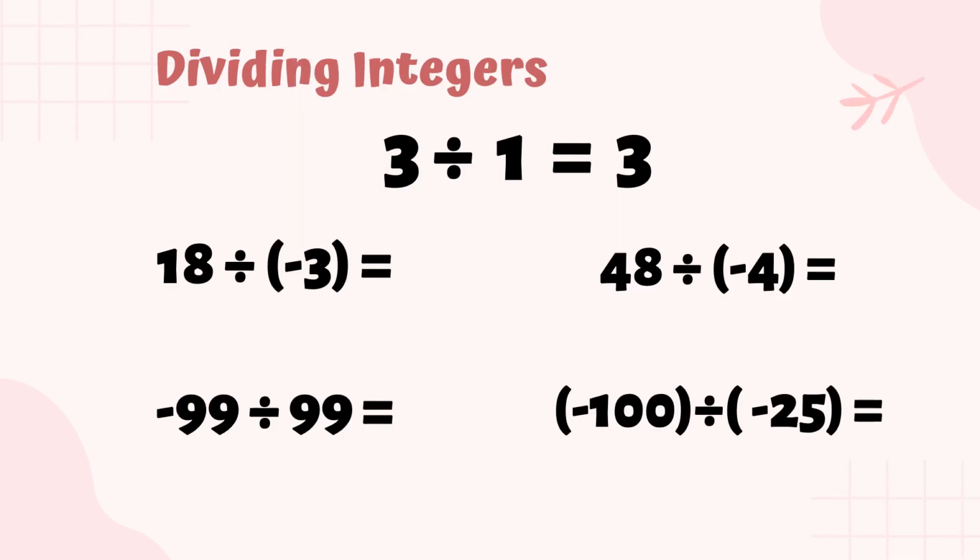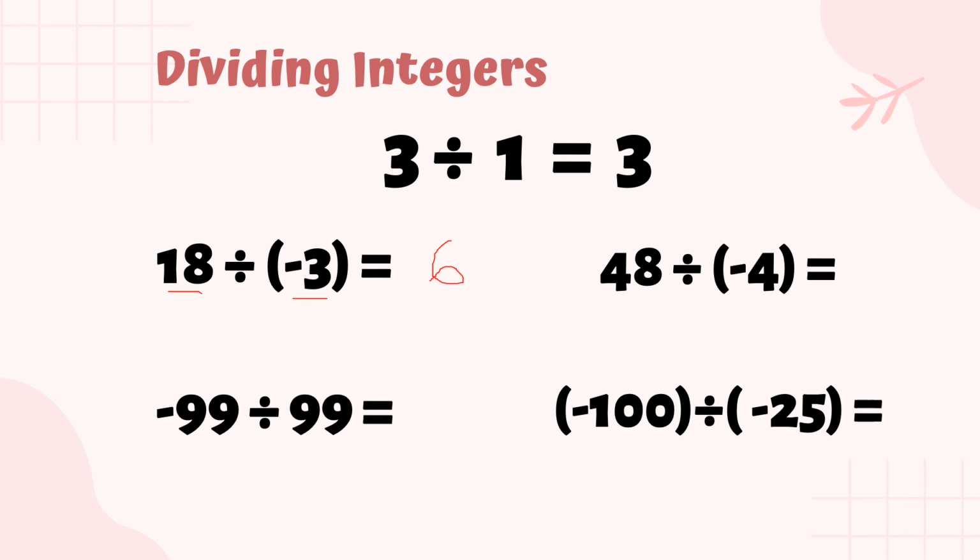So let's try this one. 3 divided by 1. So they are both positive. That's why the result is also positive, which is 3. Another one, what if we have 18 divided by negative 3? So notice that they have different signs. The first number is positive, the second number is negative. So simply divide the two. 18 divided by 3 is 6.